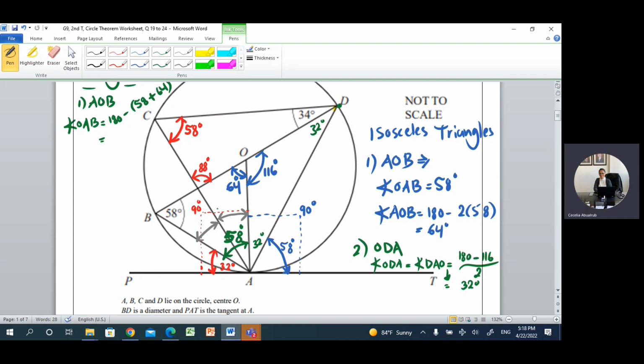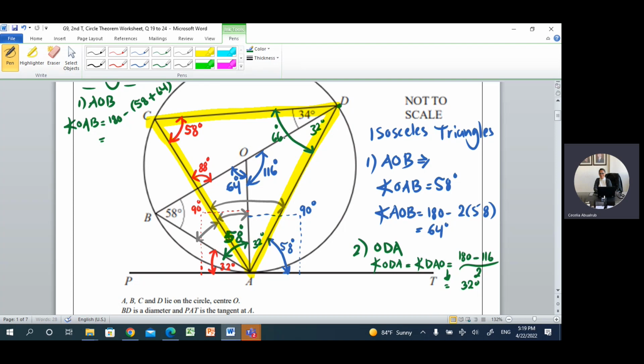Okay, so we can find this angle if you look at this triangle here. Sorry, C, A, D. This whole angle is 34 plus 32, which comes down to 66 degrees.